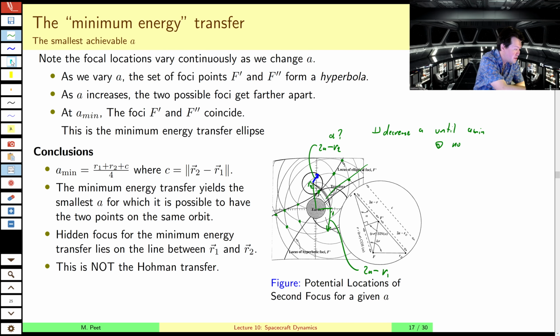So this point right here corresponds to a min. And if you decrease a any further than a min, there's no solution at all. So let's examine that point. What is this a min of which we're talking about?